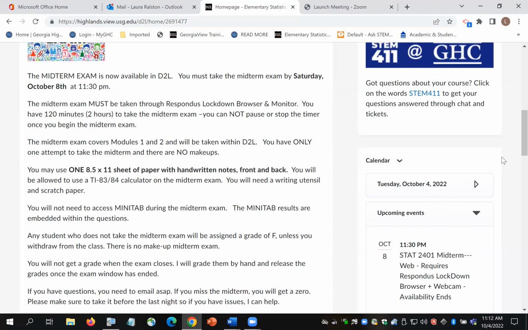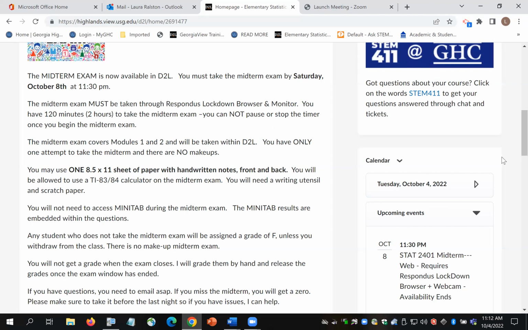Okay. You are allowed to have one 8.5 by 11 sheet of paper with handwritten notes front and back. Again, if you look at the study guide that I had attached to the week 7 announcements, at the very end of that document, you're going to find some very strong suggested formulas that you write down on that sheet.